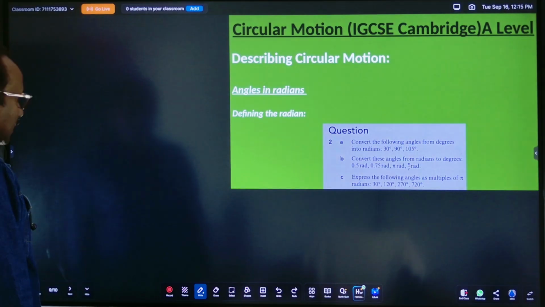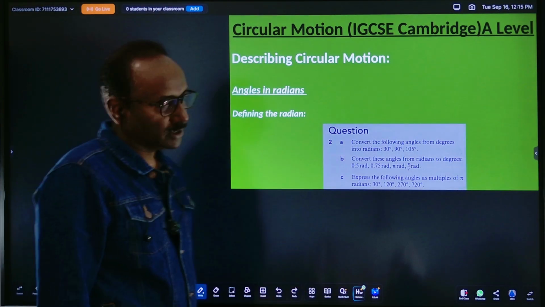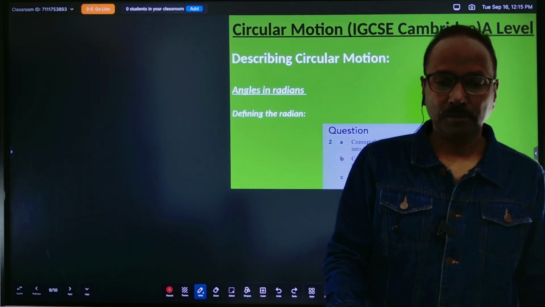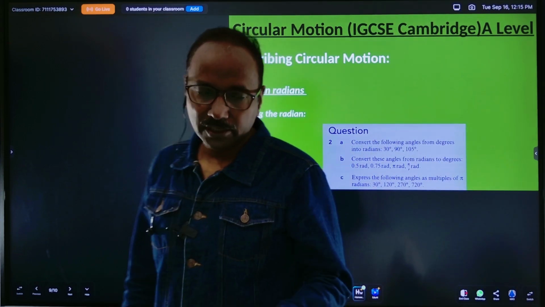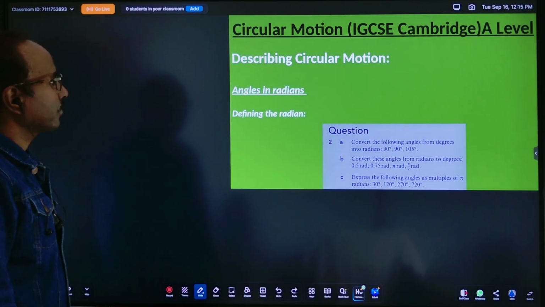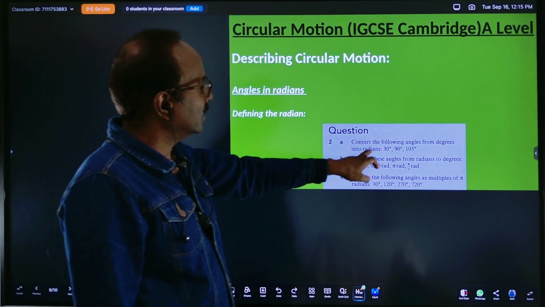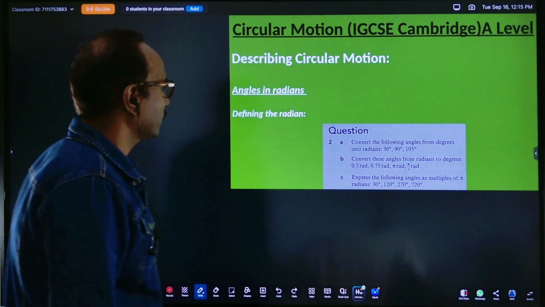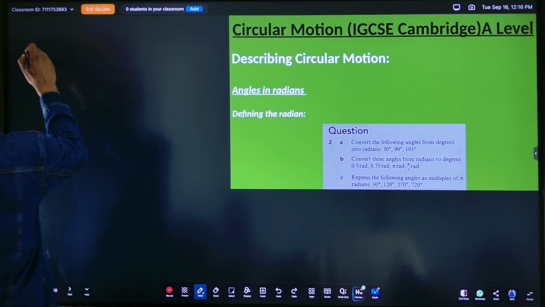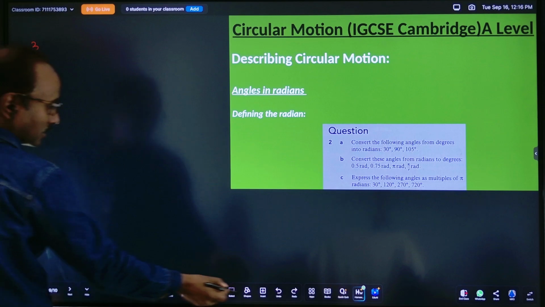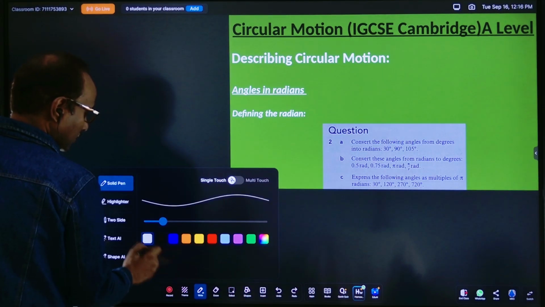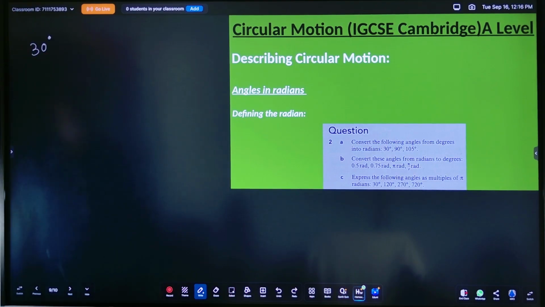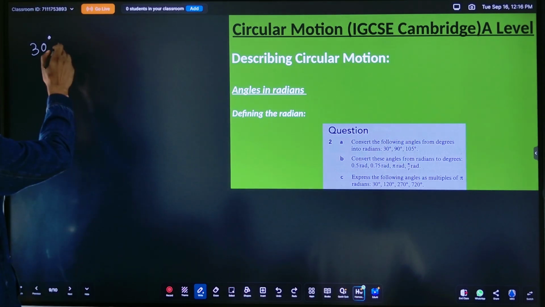Let us go and solve the next problem. We can do one question on it, to get the feel further. Convert the following angles from degrees into radians. 30 degree to radians.